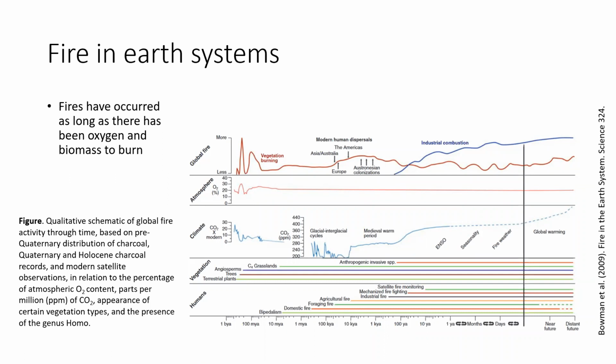Obviously, there has to be an ignition source as well. Here you can see a schematic reconstruction of global fire, and we can see that the first evidence of fires in Earth's history is from the Silurian, circa 400 million years ago.